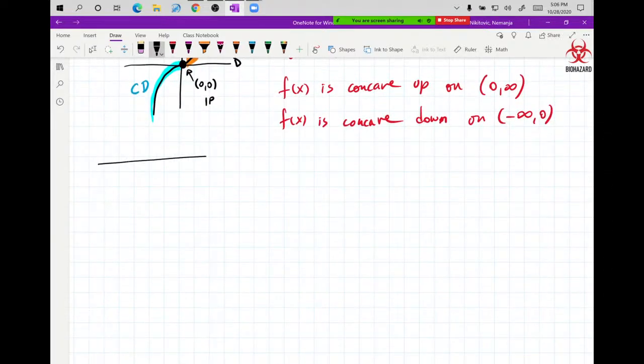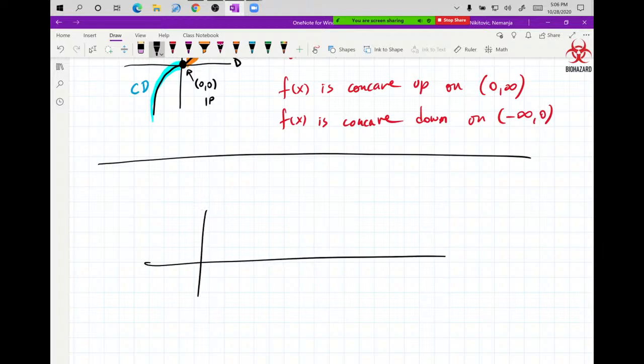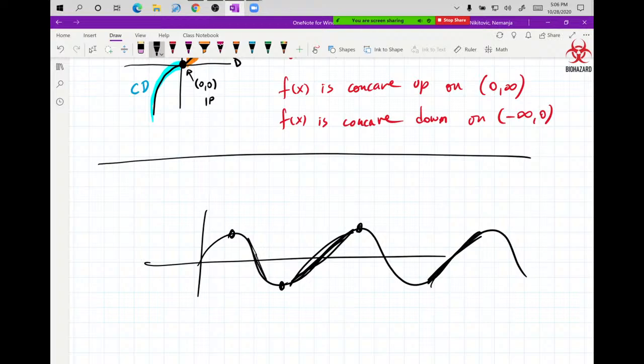The next example clearly should be a trig example, because for the trig function we have a wave, let's say for sine, and this sine has infinitely many min and max values, and infinitely many increase parts, infinitely many decrease parts, infinitely many concave up parts, concave down parts.